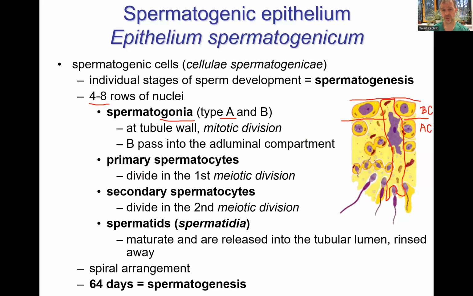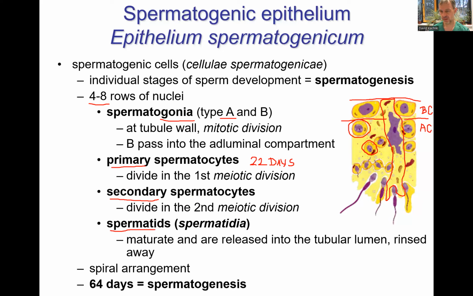So back to primary spermatocyte, which is the cell with the largest nucleus, and it stays there approximately 22 days. It is stopped in prophase of the first meiotic division, and then it continues and changes into secondary spermatocyte. The secondary spermatocyte is there a very short time, and it undergoes the second meiotic division and changes into the so-called spermatid.